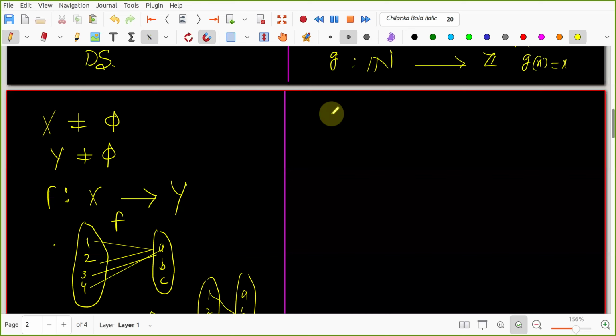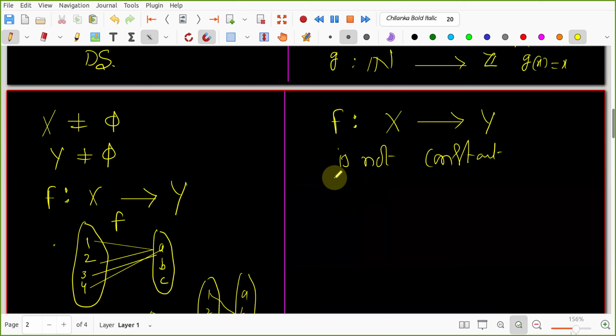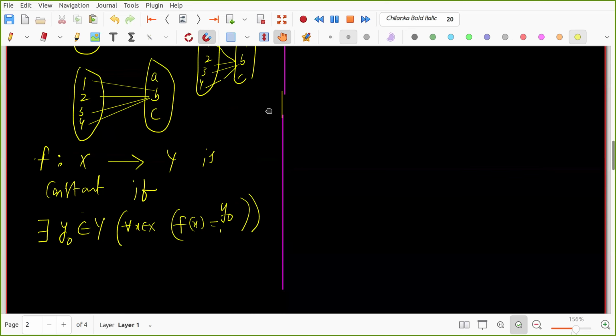Okay. So one more thing. If f from X to Y is not constant, then it is not a constant function. What is the meaning of that? Please ask questions. Constant function means what? Is it clear to all of you? This is very important.